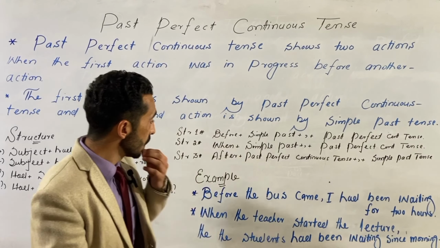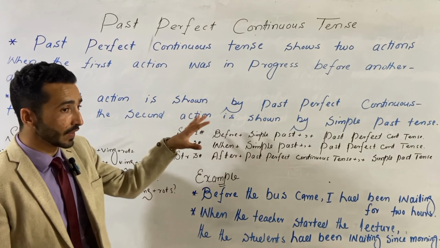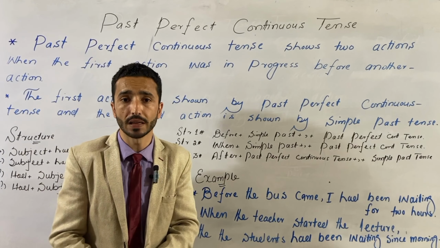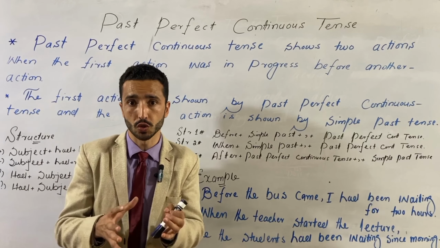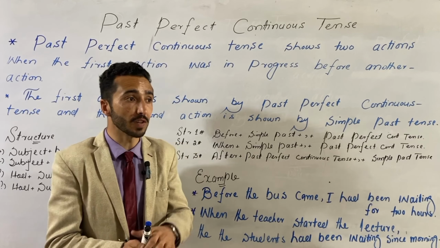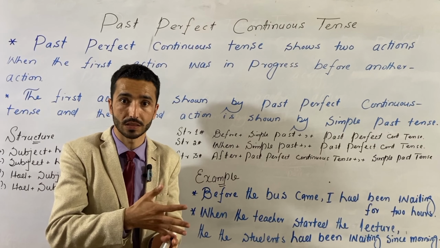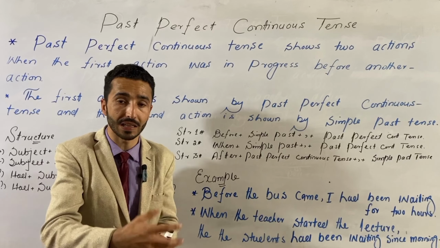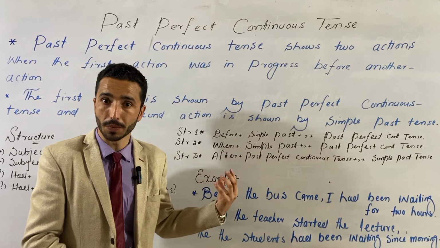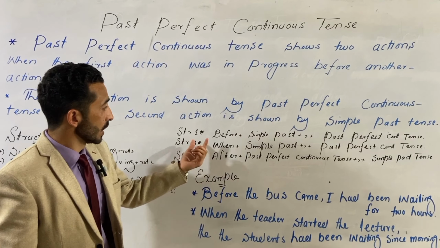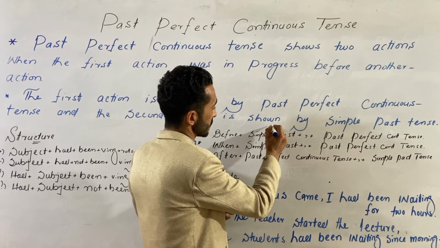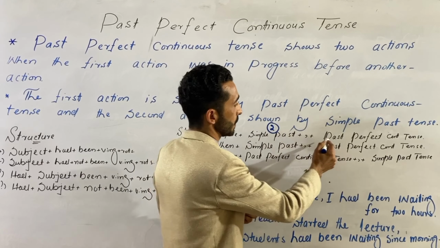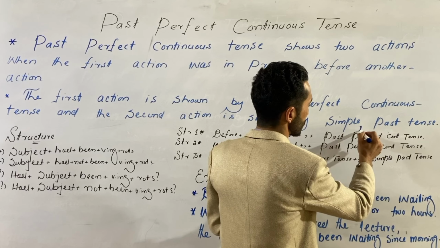Is that clear? So these are the structures for past perfect continuous tense. Now, in the definition, I told you that past perfect continuous tense is used to show two actions. The first action was in progress, and the second action is shown by simple past tense. So before simple past, which shows the second action, past perfect continuous tense shows the first action.